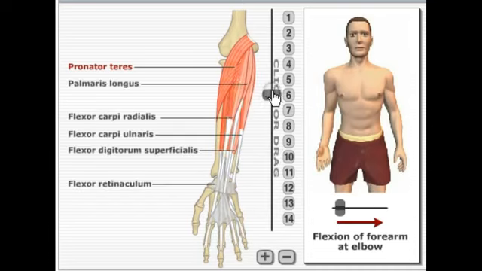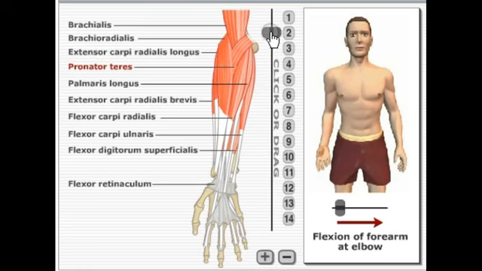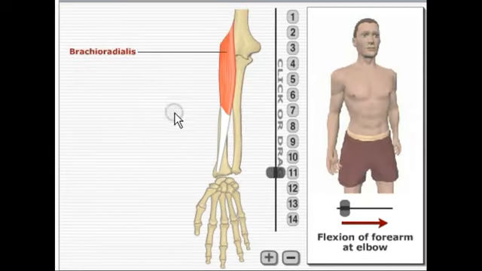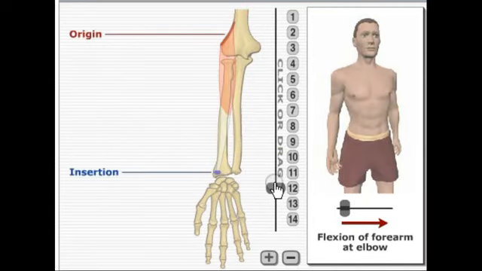And here's a view of all of the other muscles that are surrounding the forearm. Here we have brachioradialis. It's going to originate on the lateral supracondylar ridge of the humerus. Also, it's proximal to the capitulum of the humerus. And it's going to insert proximal to the styloid process of the radius.